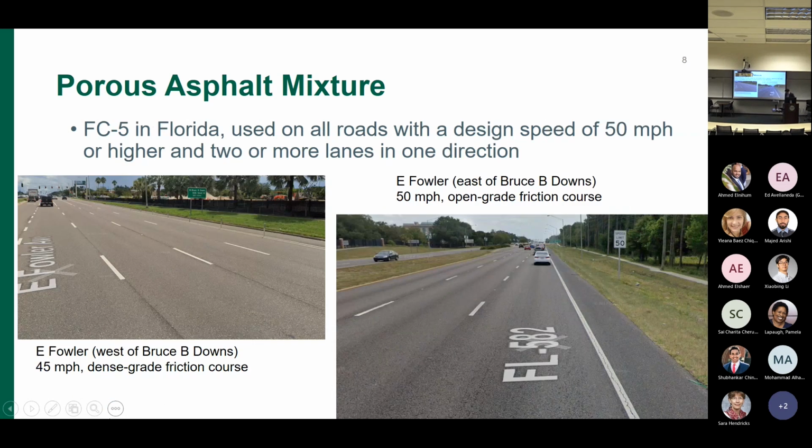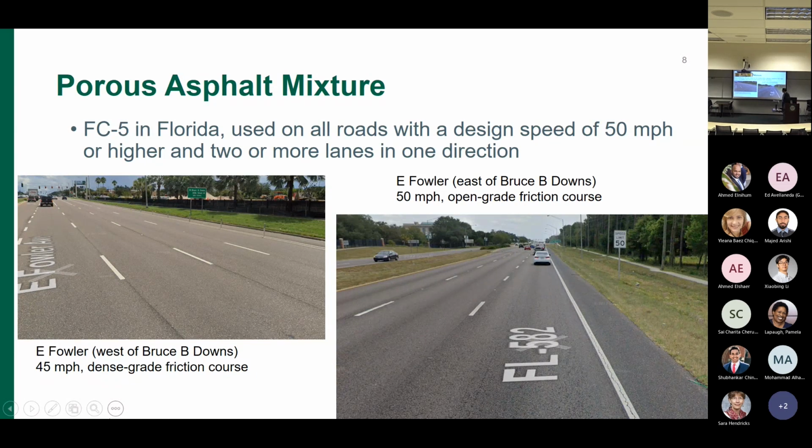Here, the OGFC, which is applied as a friction course on the surface, has been widely used in Florida, and it has a particular name called FC5. Based on the FDOT pavement design manual, the FC5 is required to be applied on all pavements of roads with a design speed of 50 miles per hour or higher, and with two or more lanes in one direction.